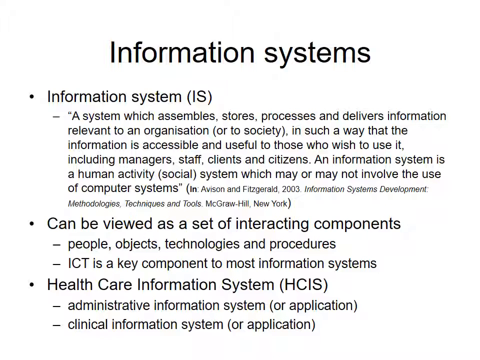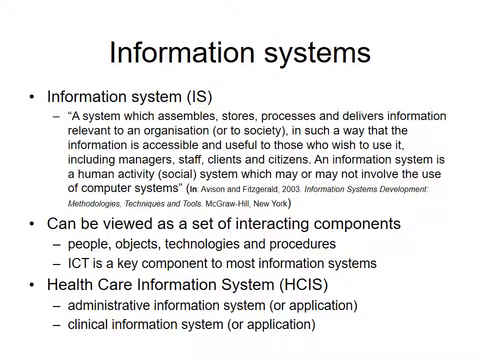Basically, information systems, this is a definition which I found in a book by Avison and Fitzgerald from 2003, is a system which assembles, stores, processes, and delivers information relevant to either an organization or a society in such a way that the information is accessible and useful to those who wish to use it, including managers, staff, clients, and citizens.